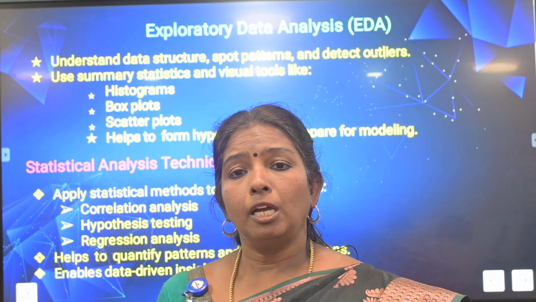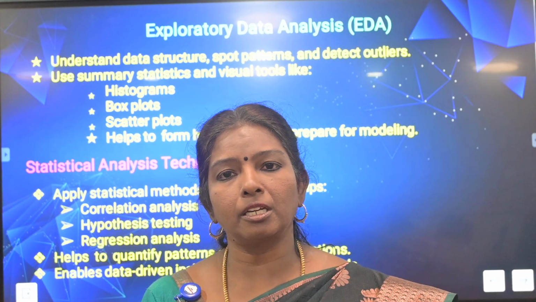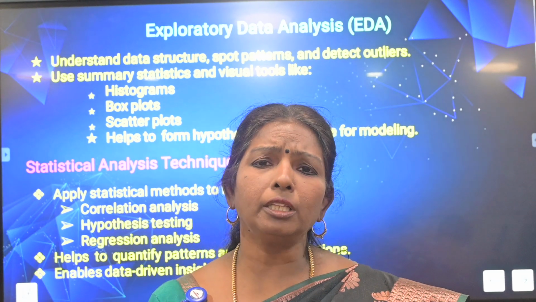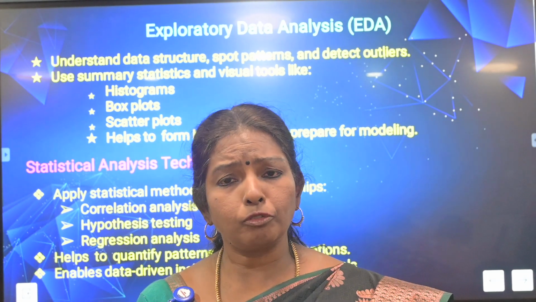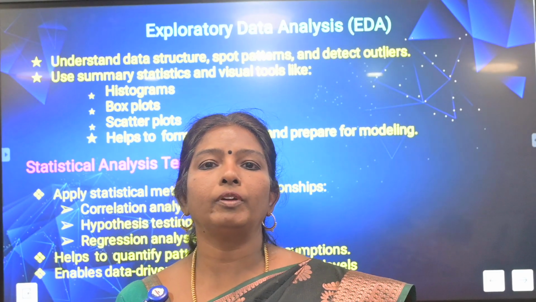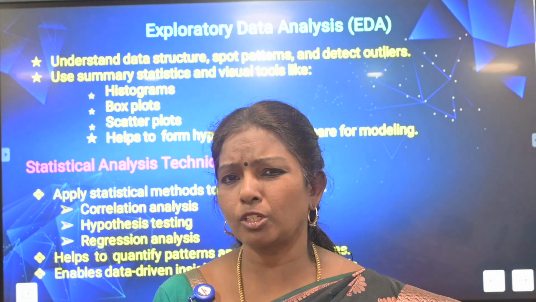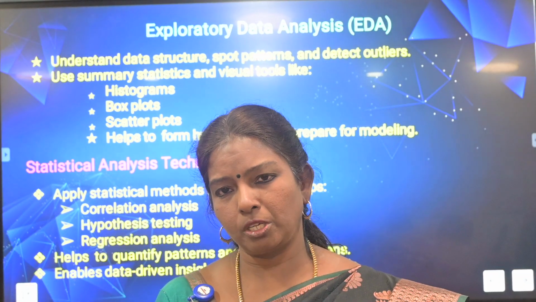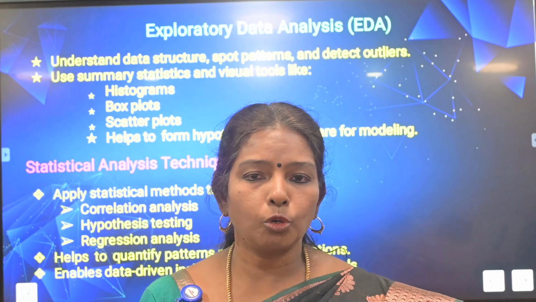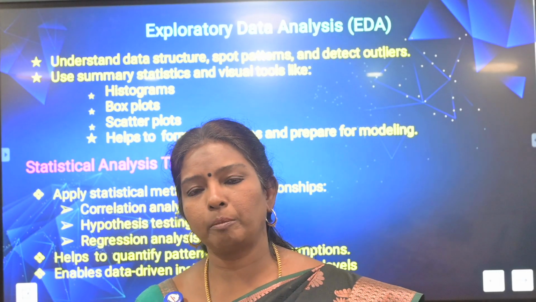Okay, and one advanced technique is called ANOVA, where I am going to find out the relationship between two or more groups of data with the help of F ratios. So F ratios are nothing but the variance between the groups divided by the variance within the groups. The variance can be easily calculated.